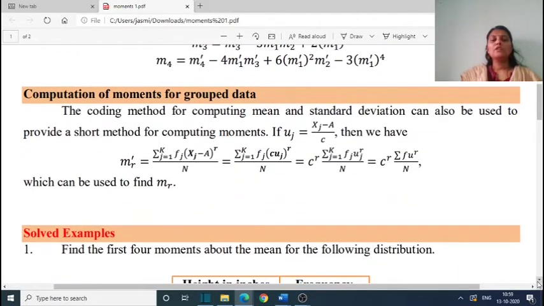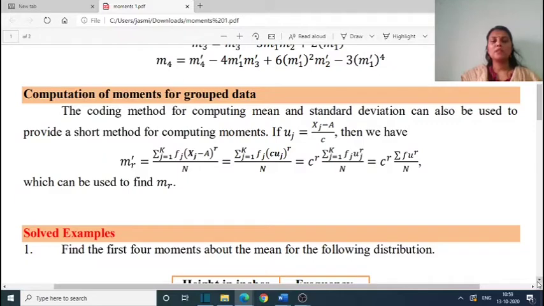Now computation of moments for group data. The coding method for computing mean and standard deviation can also be used to provide a short method for computing moments. If uj is equal to xj minus a by c, the same coding method we used for standard deviation, then mr dash is equal to sigma j equal to 1 to k fj into x minus a raised to r by n.